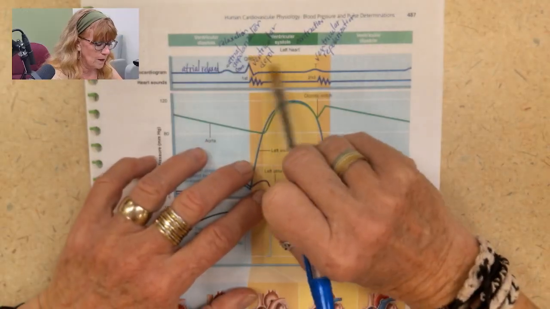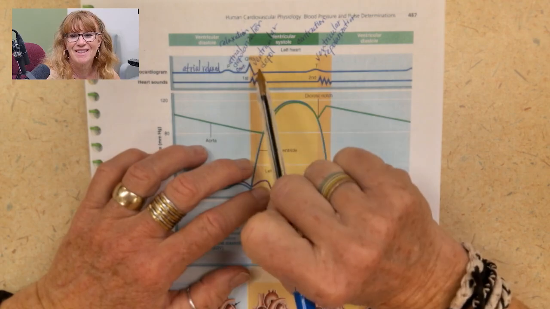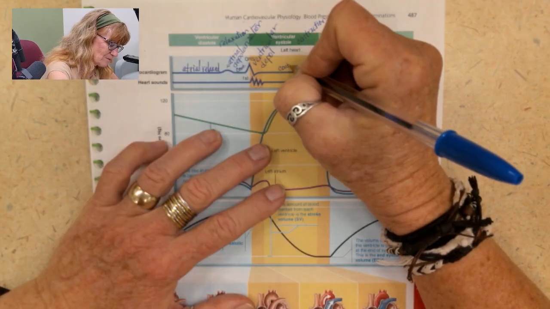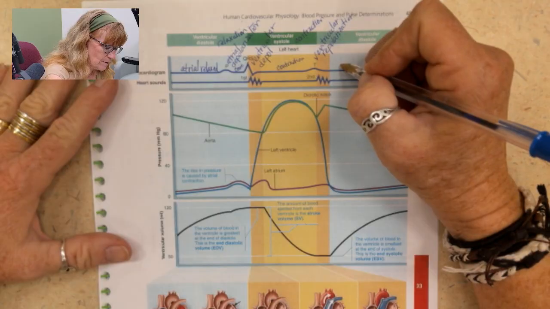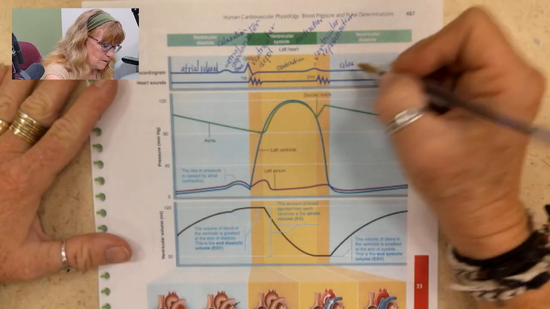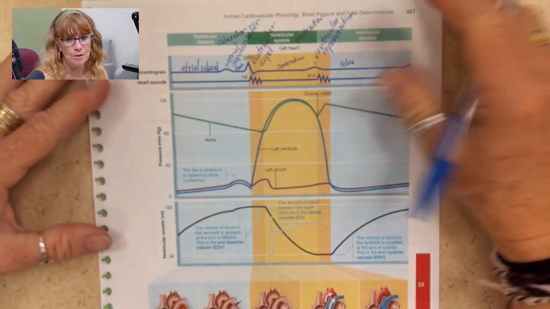Then this whole QT segment is also ventricular contraction. And then everything is relaxed after the T wave, until it's time for the atria to contract again.